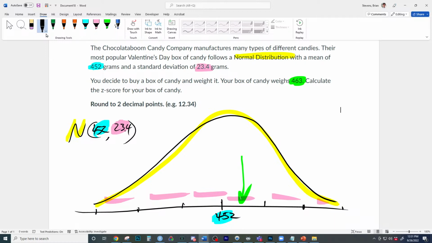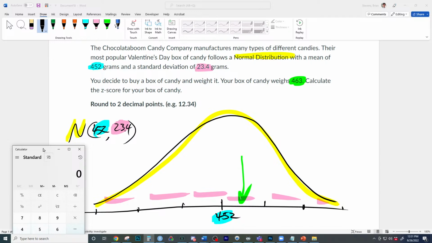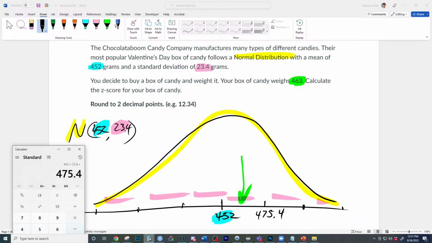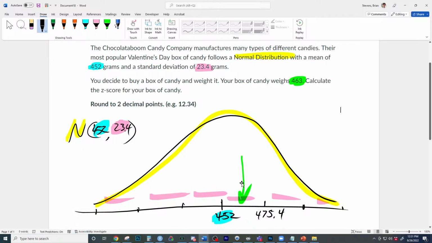If we go up one standard deviation, let's add this to the curve: 452 plus 23.4 is 475.4. And so we are at 463, which is somewhere here.